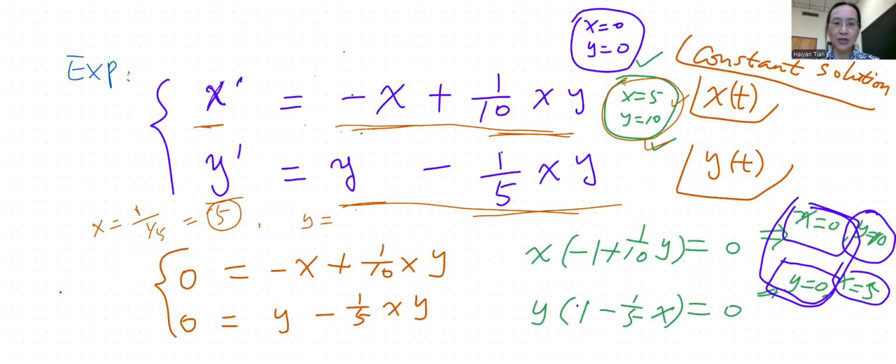So for an autonomous system, we can try to locate constant solutions, or equilibrium solutions, or equilibrium points.